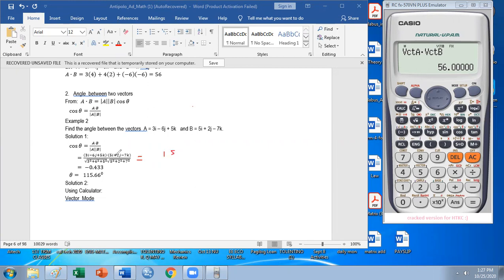And then negative 6 times 2 is negative 12. And then 5 times negative 7 is negative 35. Negative 35, divided by the values of these, which is the square root of what? Square root of 3 squared plus 6 squared plus 5 squared.